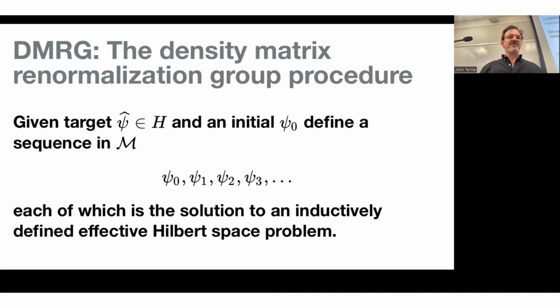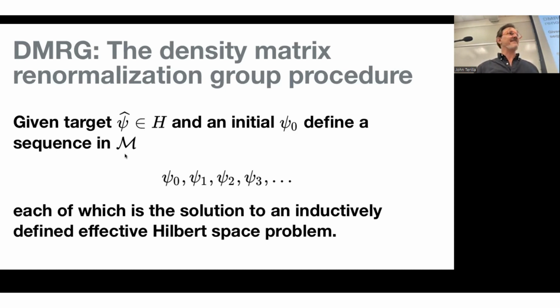First, in really high-level terms, suppose I have a function psi hat in this Hilbert space, which is the tensor product of many copies of a lower dimensional Hilbert space. And then I have an initial choice, which could be just zeros, or it could be randomly selected, some initial matrix product state. I'm going to define a sequence of matrix product states.